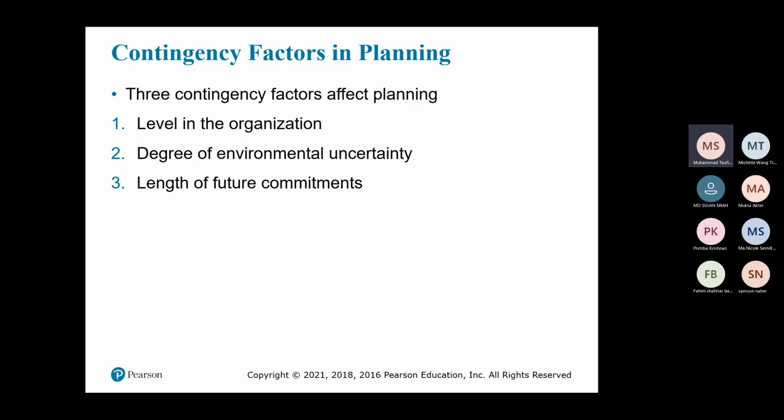Okay, so there are three factors that can affect planning. First is level in the organization, degree of environmental uncertainty, and length of future commitment. These three factors can influence how well you can implement your planning. You have to remember these three factors when you do the planning, because they will play their role when you start to implement your plan.